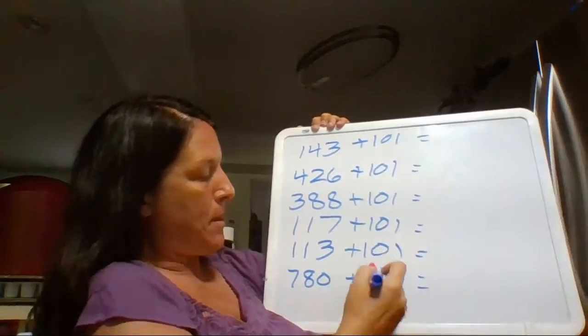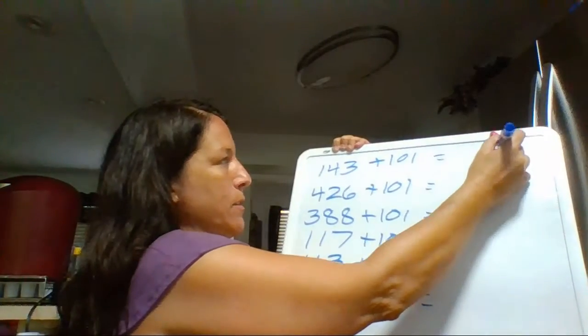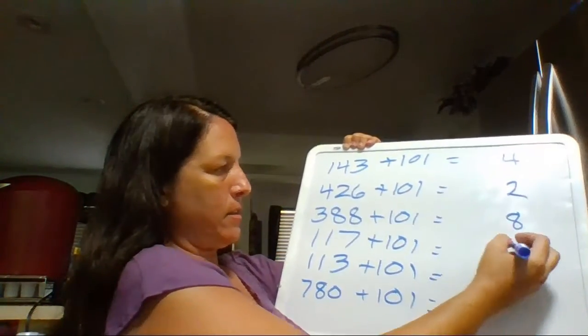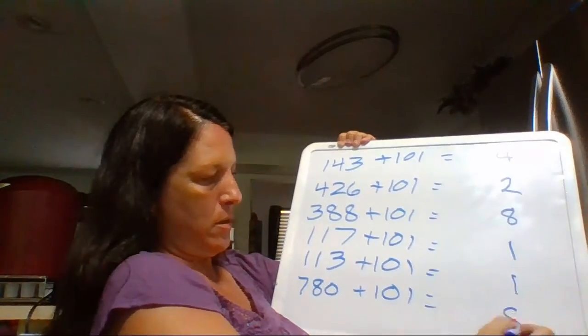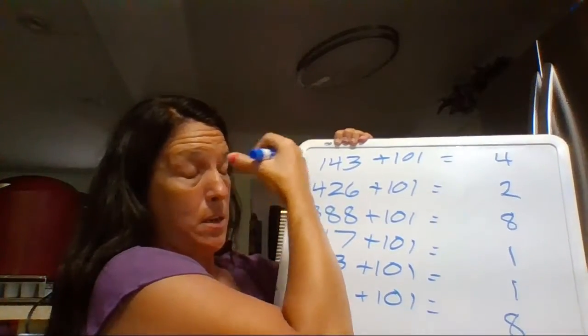We know that the middle number over here is going to stay the same, the tens place. So we can just write the middle number, 4, 2, 8, 1, 1, 8, right?